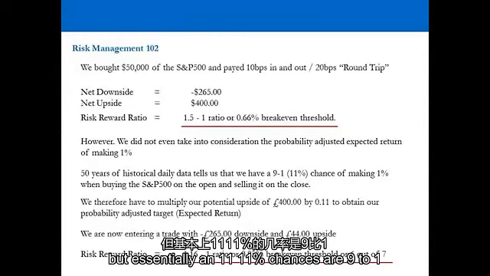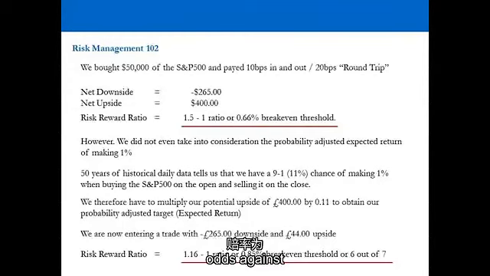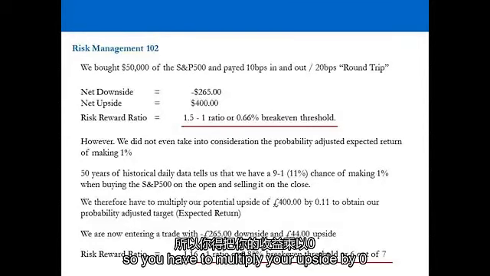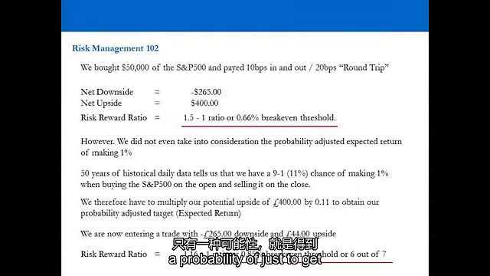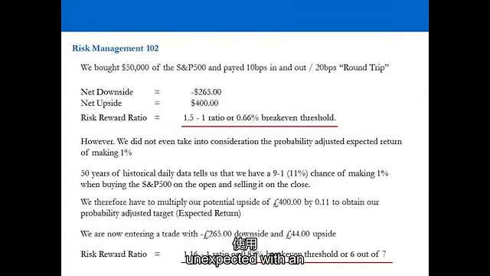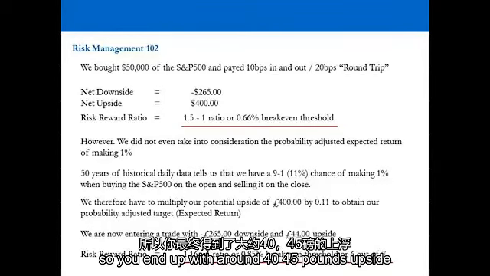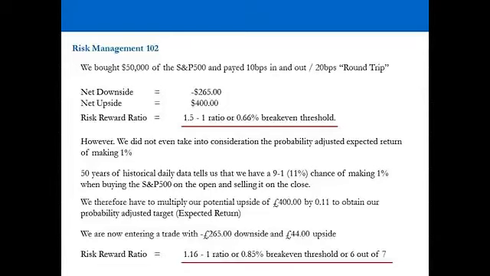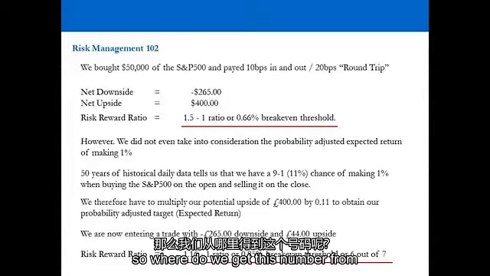But essentially, an 11% chance is a 9-to-1 odds against you making that money. 9-to-1 against. So you have to multiply your upside by 0.11 to probability adjust it to get an expected return. So you end up with around 40, 45 pounds upside and 265 pounds downside.